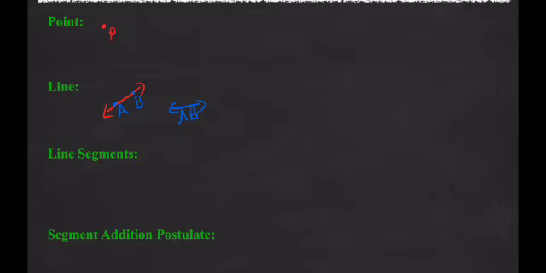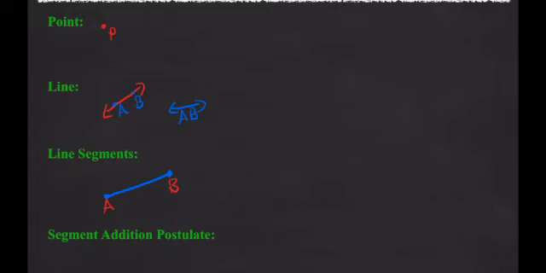The way we indicate a line segment is we don't use the arrows, but we just put dots at the ends. And we label the ends, we can say AB. So that's a line segment. It has a beginning and it has an end. A line has no beginning and no end, but a line segment has both.